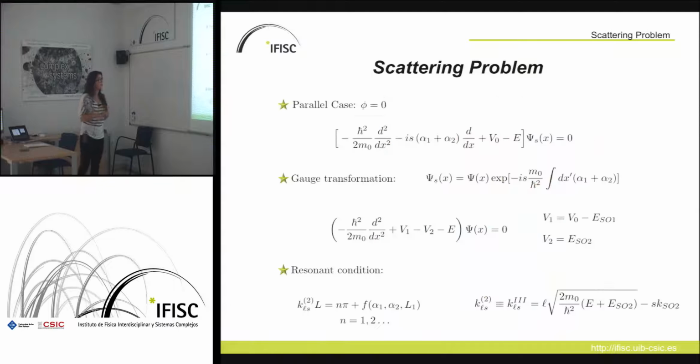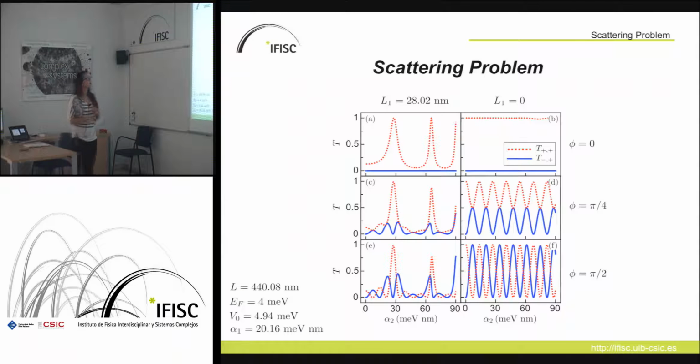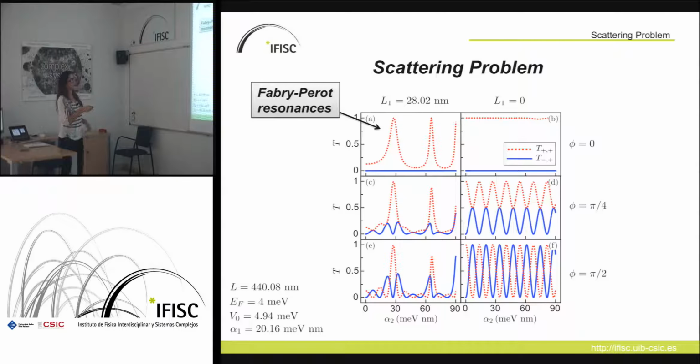These peaks obey this resonant condition from here. Then this is an analog of the Fabry-Perot resonator that is tuned with the Rashba spin-orbit interaction. Then we observe that all the electrons are transmitted with the same spin that we incite.